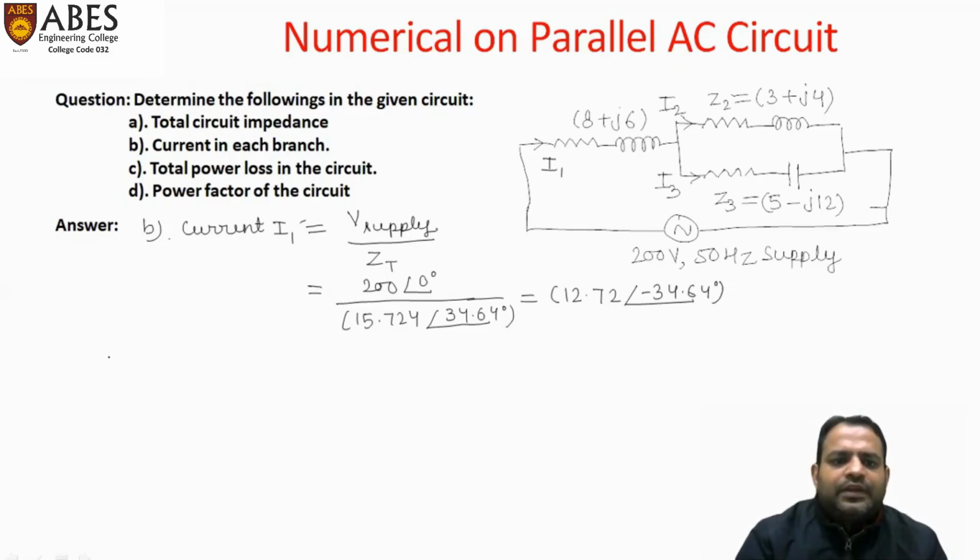Now we calculate the value of I2 by using current division formula. I2 is equal to I1 into opposite impedance in which branch current is divided. So Z3 upon Z2 plus Z3.